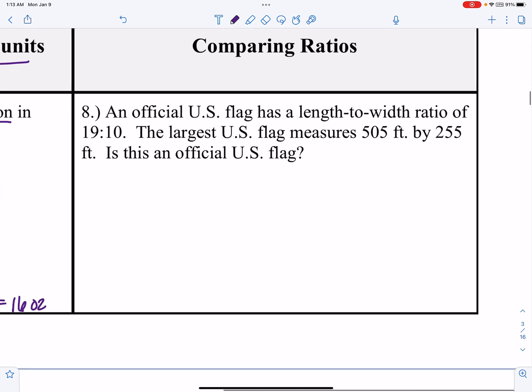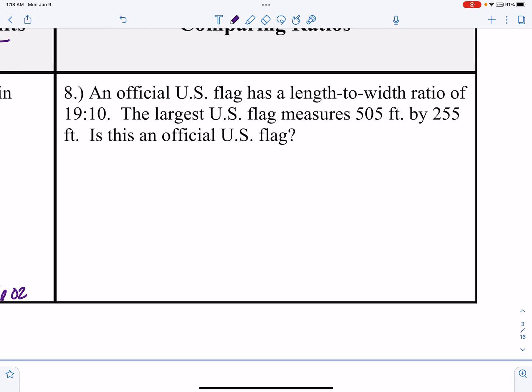All right, and the last one, an official U.S. flag has a length to width ratio, that's the order, of 19:10. So this is length and width. The largest U.S. flag measures that by that. Is this an official U.S. flag? So the way to check for equivalency is to set them equal to each other. And so again, the best way is to set things up as a fraction.